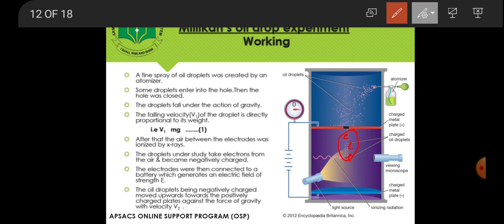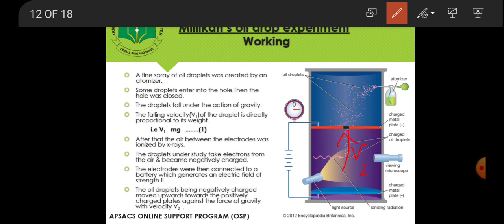Now, the electrodes A and A1 are connected to a battery. This battery generates an electric field of strength E. Now the oil droplet which is negatively charged moves up with velocity v2.